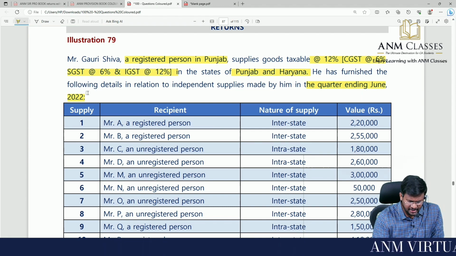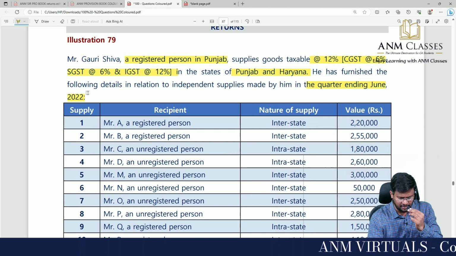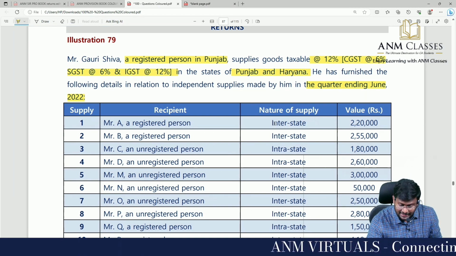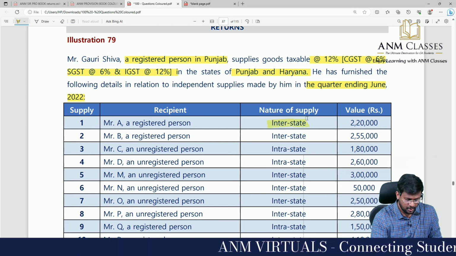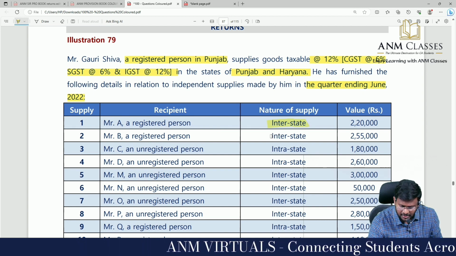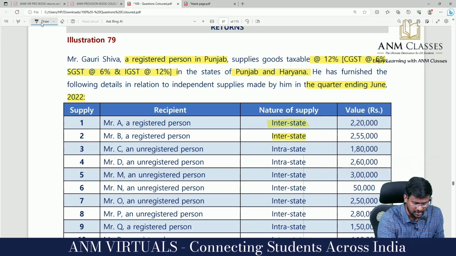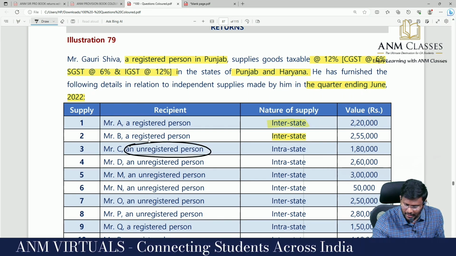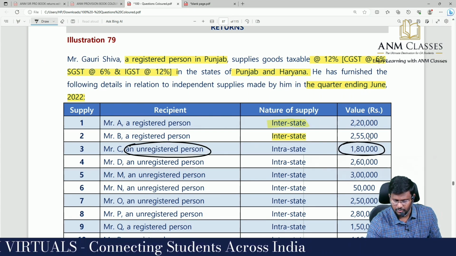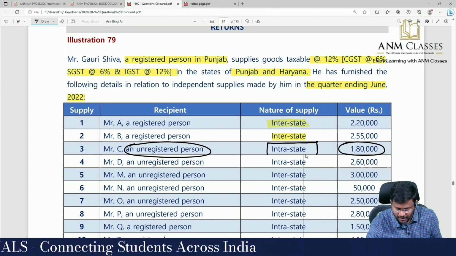Mr. A, a registered person, interstate supply. Mr. B, registered person, interstate supply. Mr. C, a registered person. What is the value? This is interstate supply.